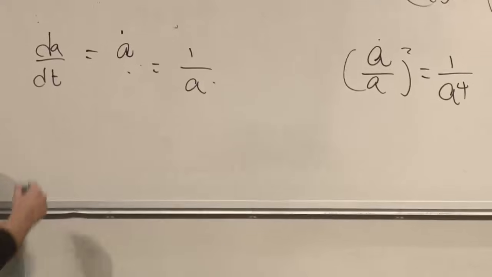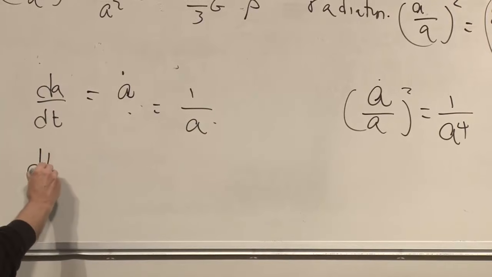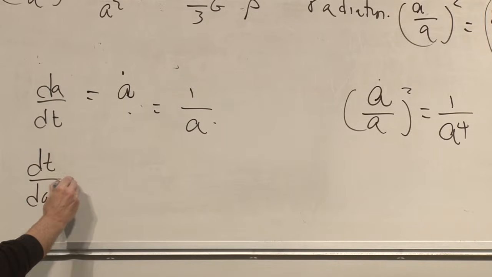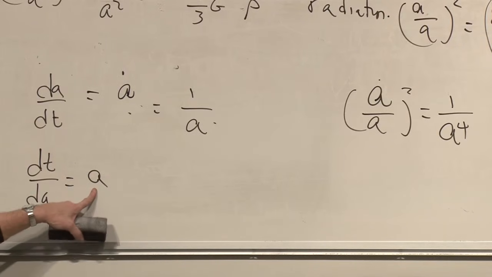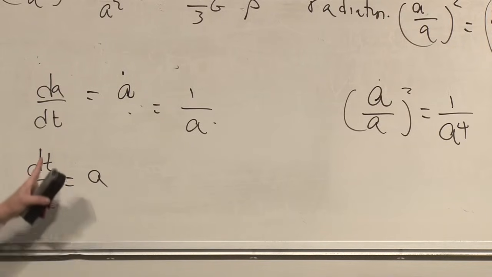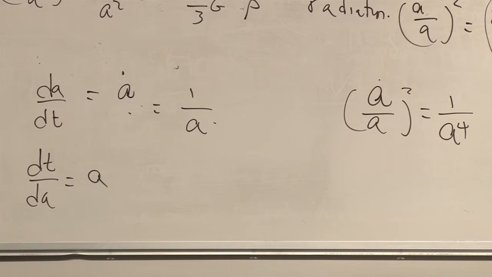All right, we'll do the same trick as before, turn it upside down. dt by dA is equal to A. So now, if we think of A as the independent variable, we're looking for a function whose derivative is just A. What function has its derivative A? A squared, right?